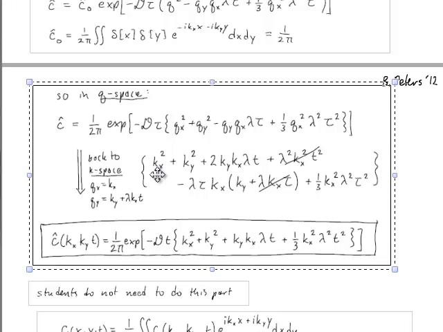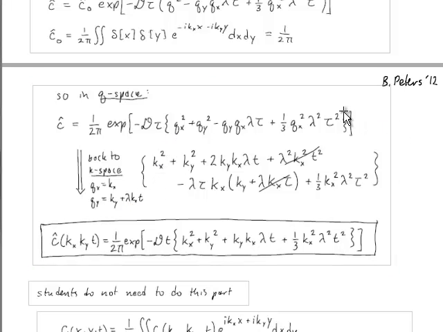So everything in curly brackets here can be pretty easily rewritten to change coordinates back to t, kx, and ky. And now you have the solution to the Fourier transformed problem, right? So this is C hat of kx, ky, and t, 1 over 2 pi exponential of all of this stuff. So now your solution is written in terms of kx, ky, and t.